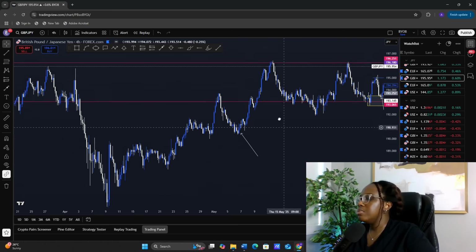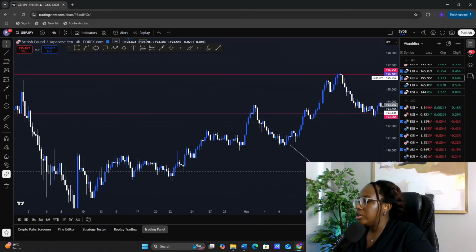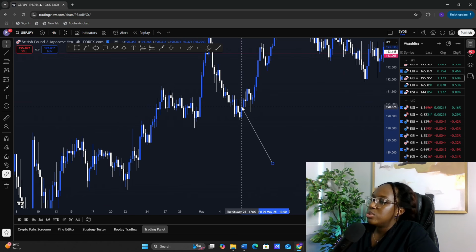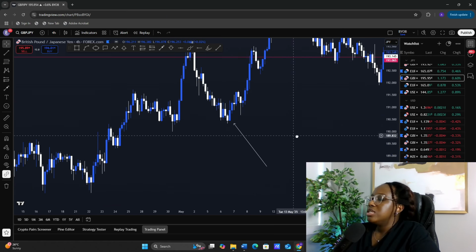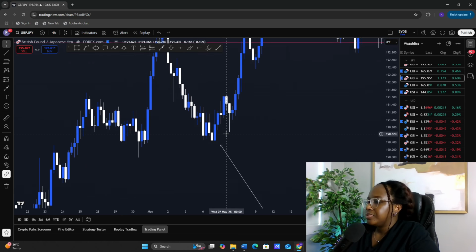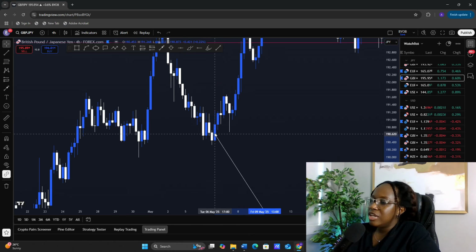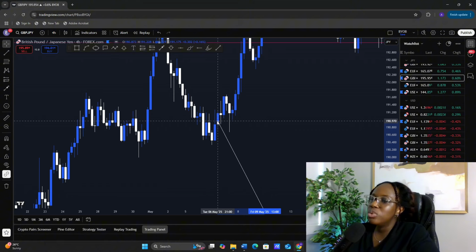Let me show you in a live scenario here. This was a trade I took at the beginning of the month. Price came down to my area of interest, and it did give me an engulfing pattern, but because of the exhaustion on the candle, I was not totally confident in it.